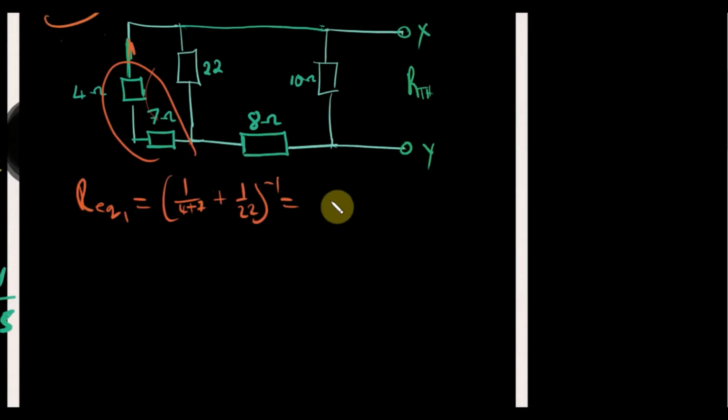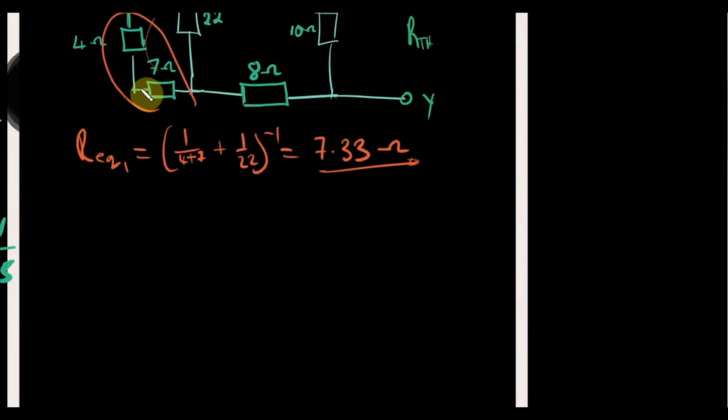So that gives us 1 over 11 plus 1 over 22. What does this give us? It gave me 7.33 ohms.